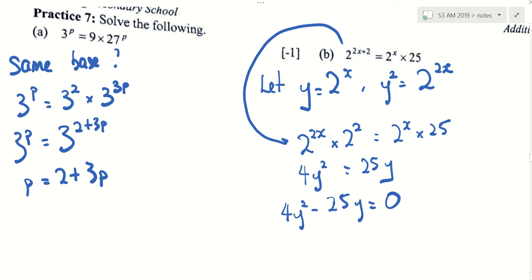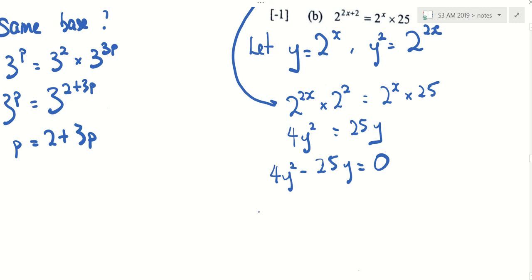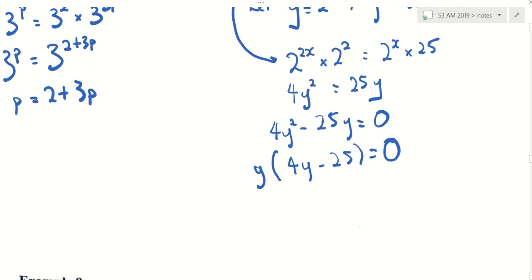How do I continue? Mode 3, okay. But you just factorize, then you will see the answer already, isn't it? What can you factorize? Y. Can see answer already? So y equals to what? 0.